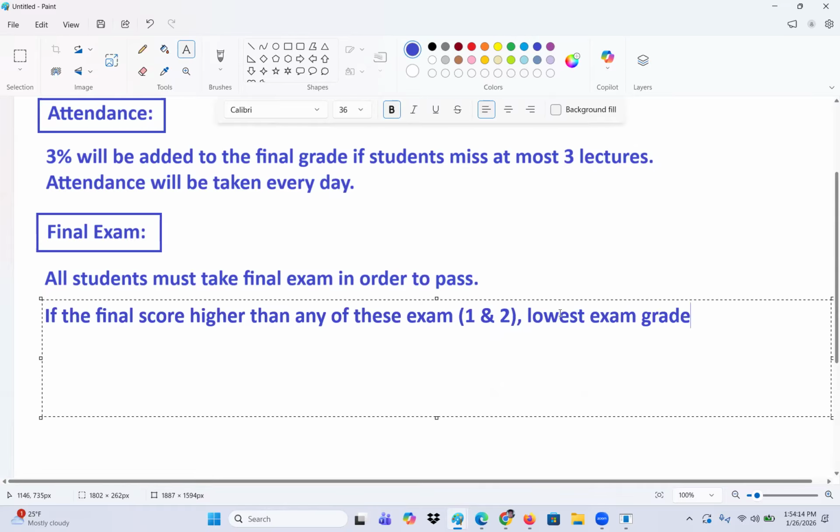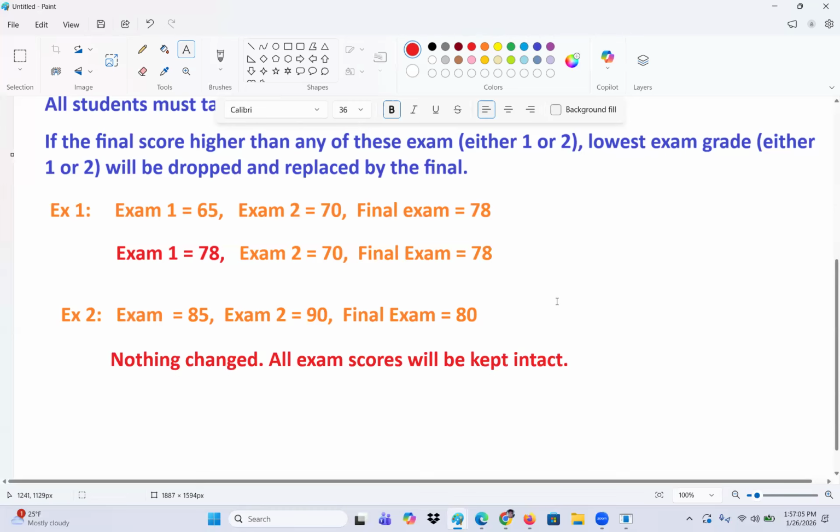Nothing changed in this case, meaning that all exam scores will be kept. The first exam, the second exam, and the final exam remain the same. Okay, so that's one of the things that we have so far. Any question, any concern?